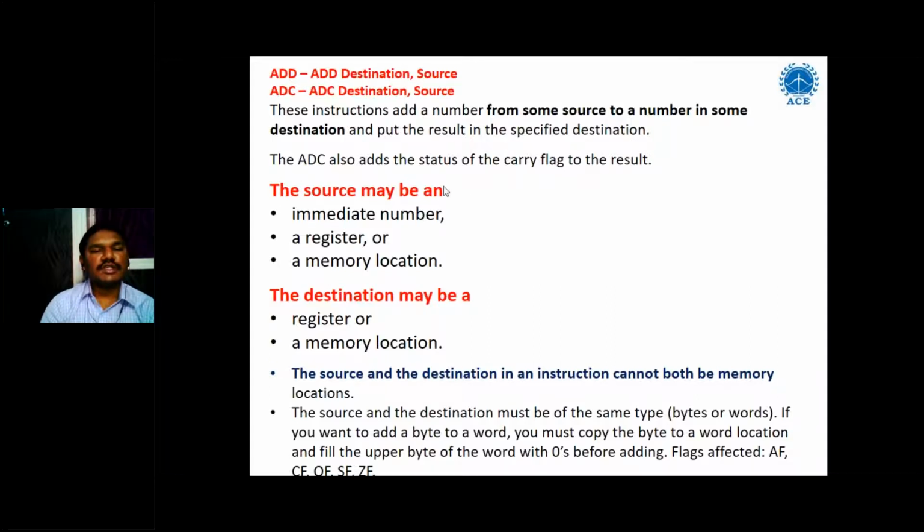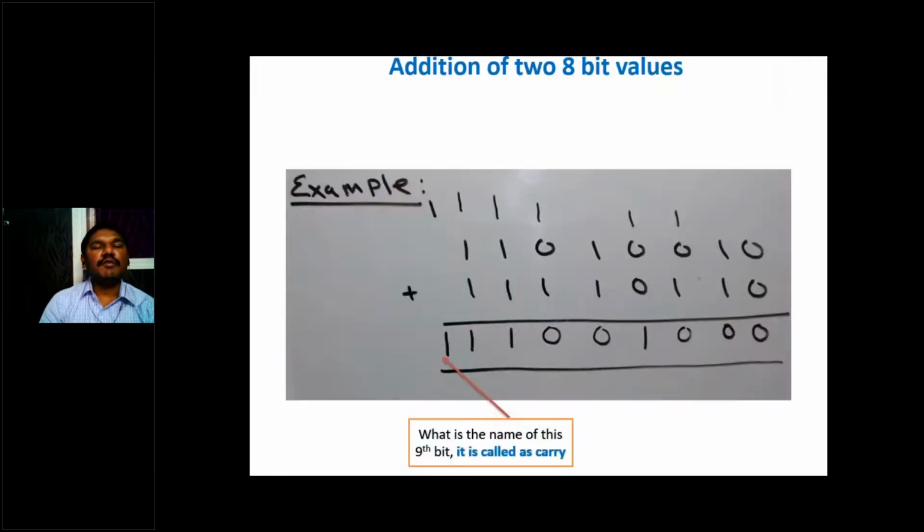Here the source may be an immediate number, a register, or a memory location. The destination may be a register or a memory location, just like your MOV statement. The flags affected are the auxiliary flag, carry flag, overflow flag, sign flag, and zero flag. These are the flags that get affected in the flag register.